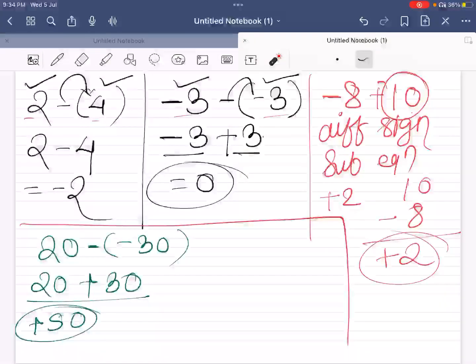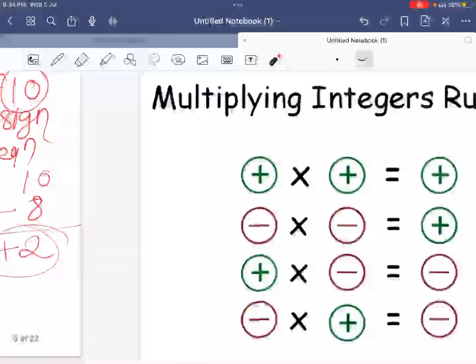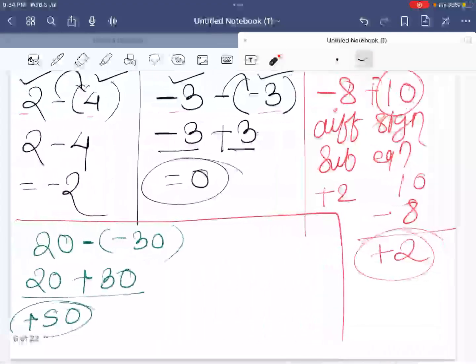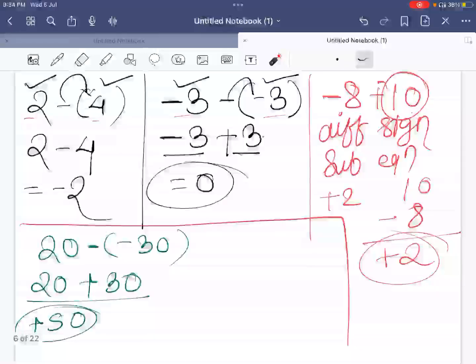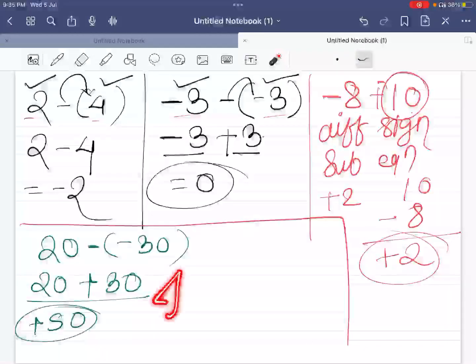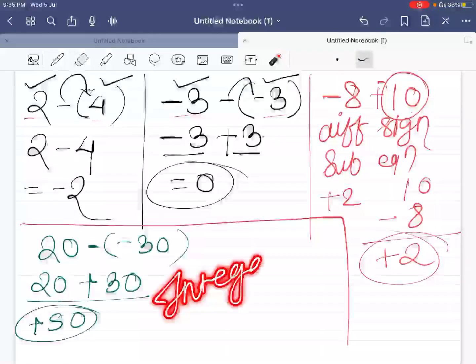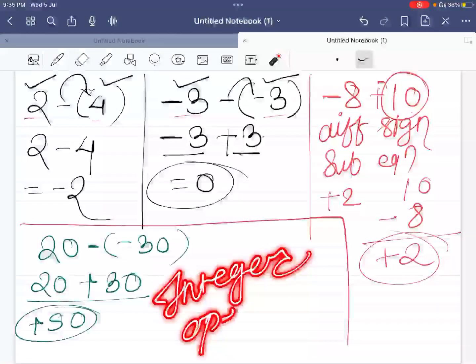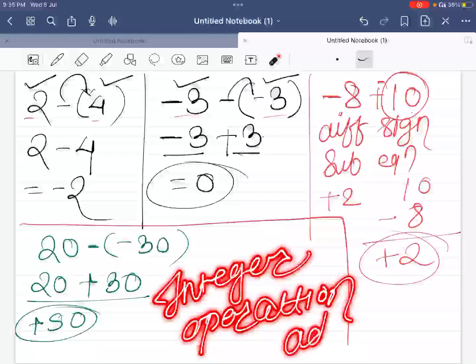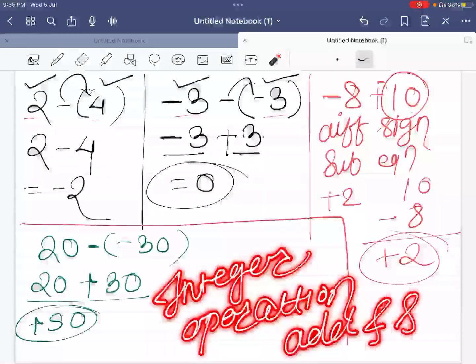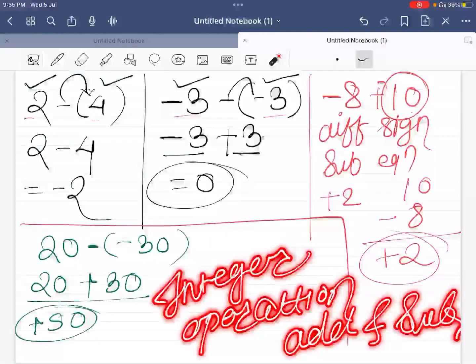So these are the two methods that we use to solve integers, and that we call integer operations. First one is addition and second one is subtraction.